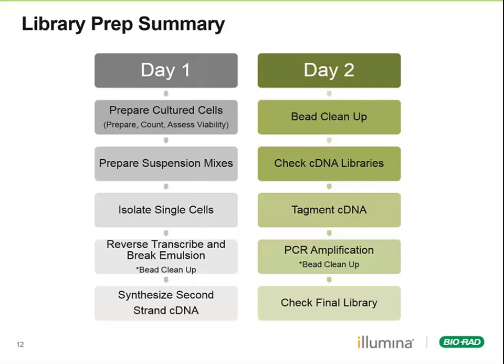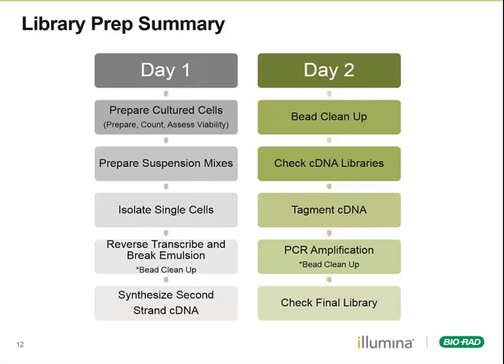At this point, we don't need them to be in droplets anymore, so we do a break emulsion step, which breaks up the droplets, and then we do a bead cleanup. We finally complete day 1 by doing second-strand cDNA synthesis, and this is your first safe stopping point.